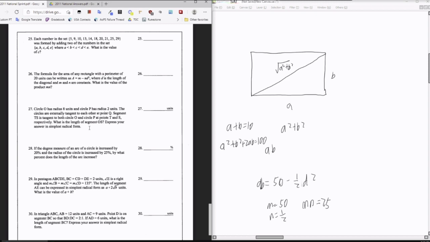So what you could do is just quickly take two cases where the sides of the rectangle add up to 10. You can take 5 and 5, and 6 and 4. Then you can find the diagonals of those and the areas of those. Then you have two equations and two variables, m and n. Maybe that is a little bit quicker.